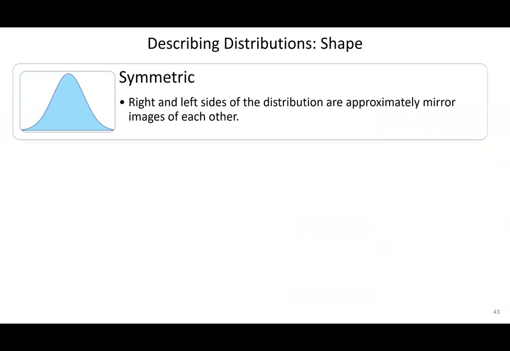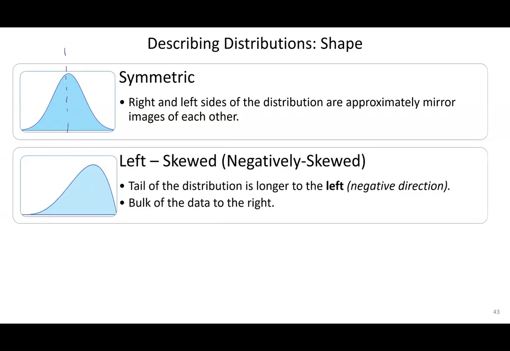So describing, we're going to go off shape first. Symmetric: the idea is if you drew a line right down the middle, it would fold roughly nicely. You have one half, you have another half. It's roughly a mirror image of each other. Then left skewed, which can be called negatively skewed. I'm going to stick with left.